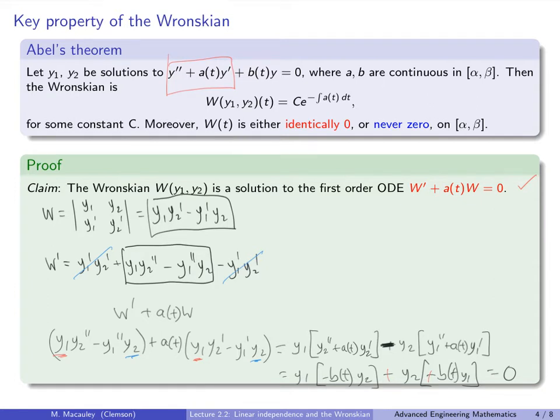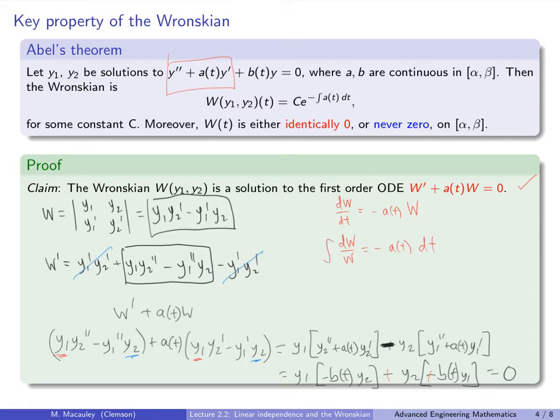Well, let's solve this ODE. We can separate variables. So we get dw dt equals negative a of t times w. And we can separate variables, put the w's on one side. dw over w equals negative a of t dt.